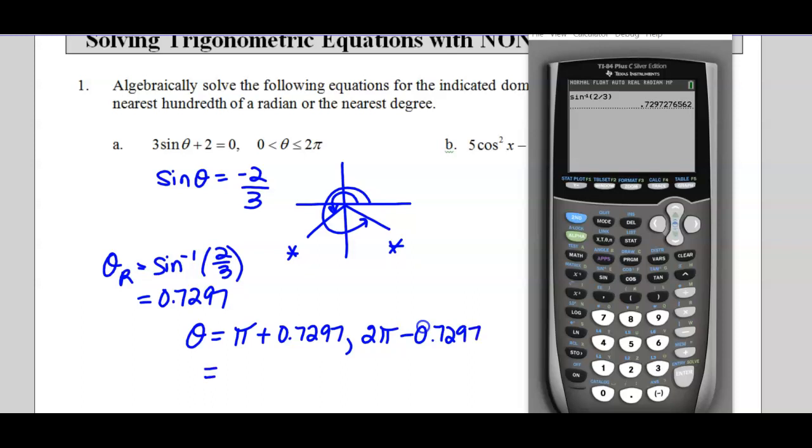In my calculator, just press plus pi, and then round to the nearest 100th, and then 2 pi minus, or back up, or copy out the value, and that's 5.55.